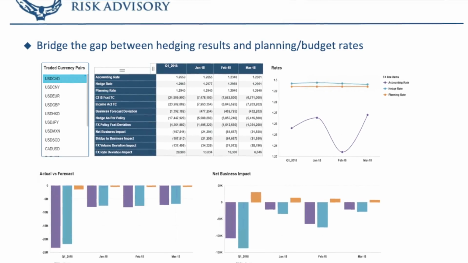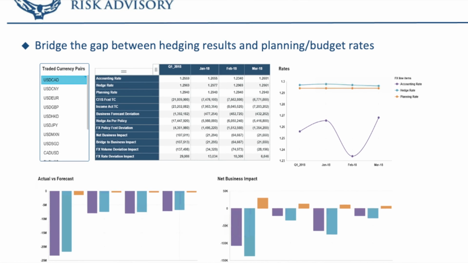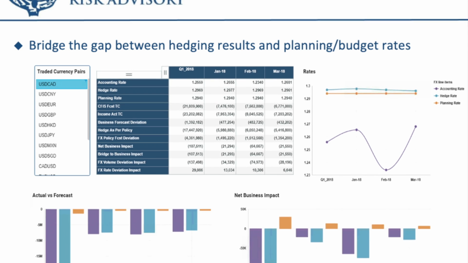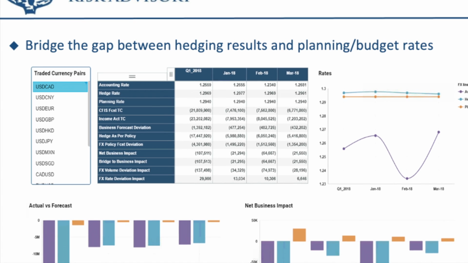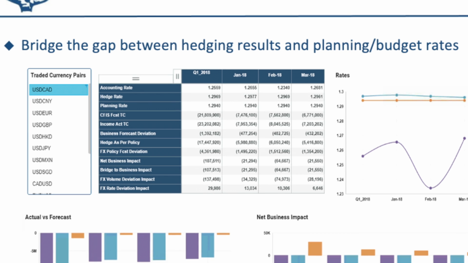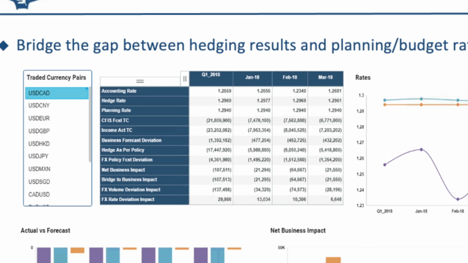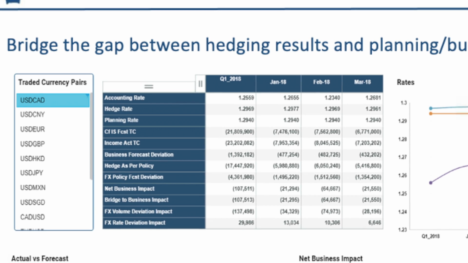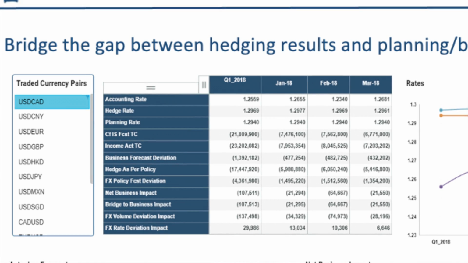So if I switch to the next slide, you can see some of the same data for the Canadian dollar, a little bit more detail with the rate. You can see the actual planning rate and the hedge rate, where the hedge rate is slightly higher than the planning rate. For Canadian dollar expense hedging, that's actually a little bit better. So that's where we get the favorable rate impact.